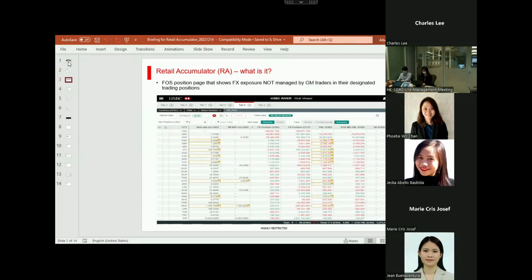This is the view of the retail accumulator, which is very similar to any other portfolio in River. As you can see on the screen, the designated portfolio is RA, representing retail accumulator, and it is broken down by currency, with all currencies against US dollars. If you have access to River, you can also set up a screen like this to view the exposure in retail accumulator.